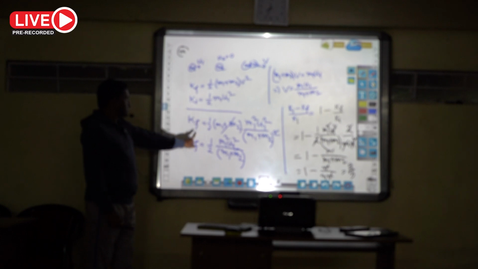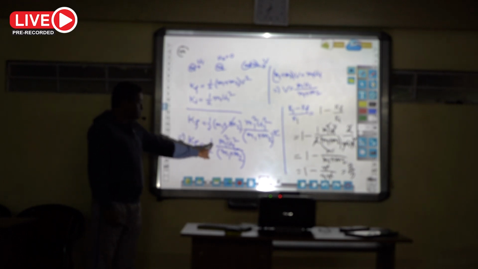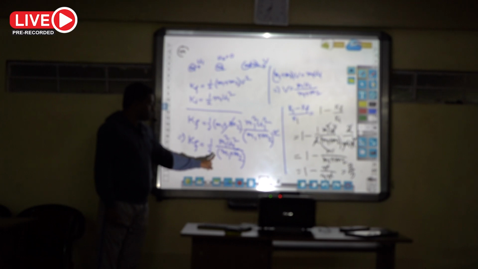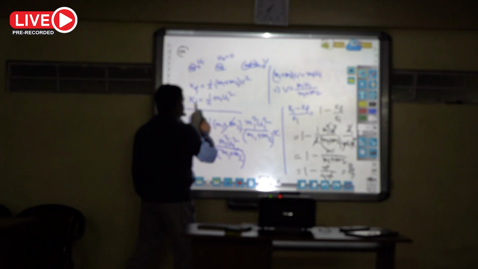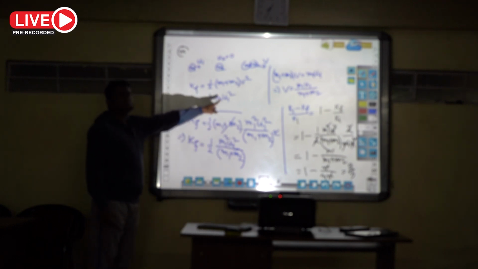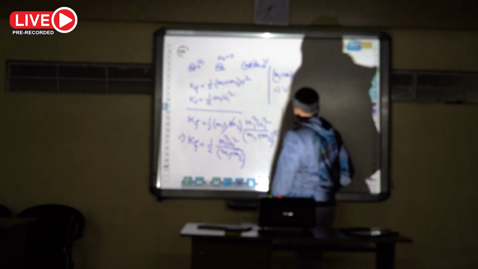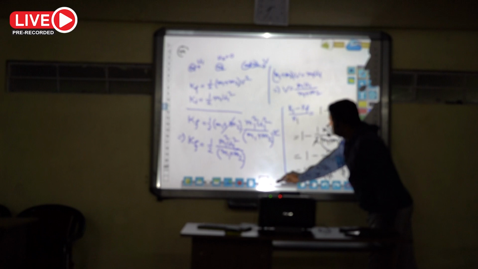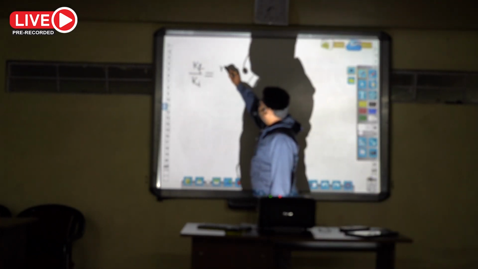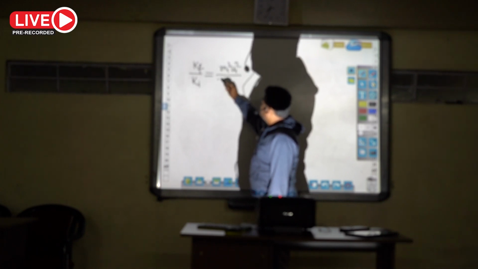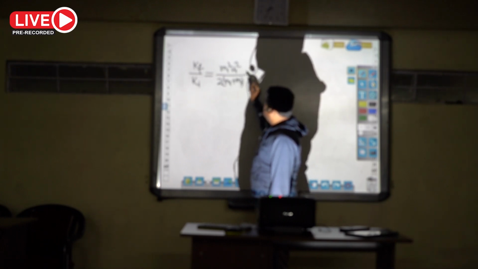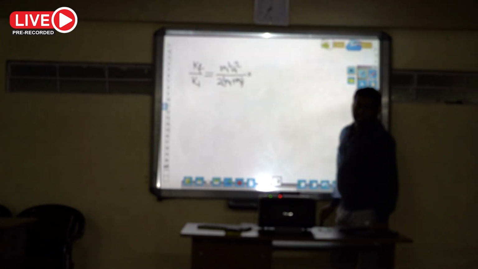Check Kf. It will be m1 square u1 square by 2 into m1 plus m2. And initial is half m1 u1 square. So Kf will be m1 square u1 square by 2 into m1 plus m2 divided by Ki.